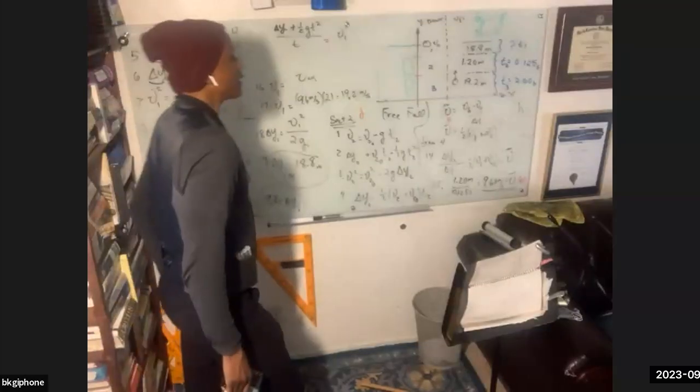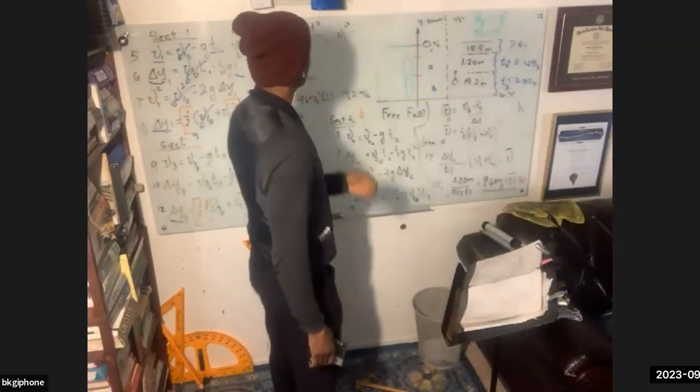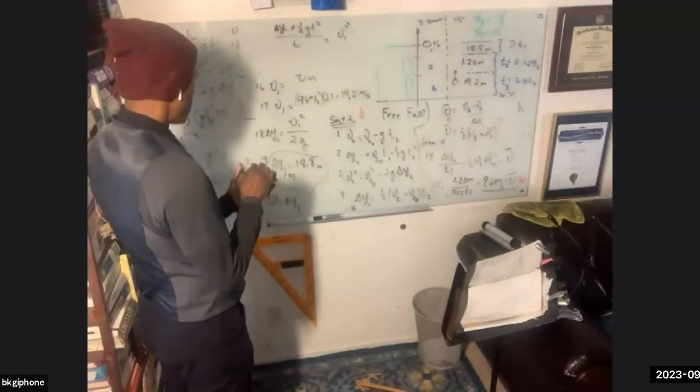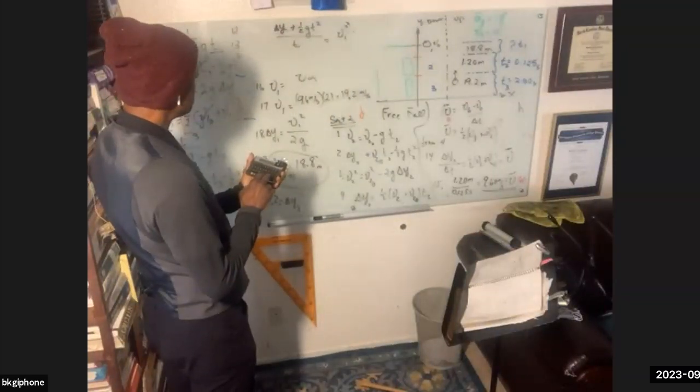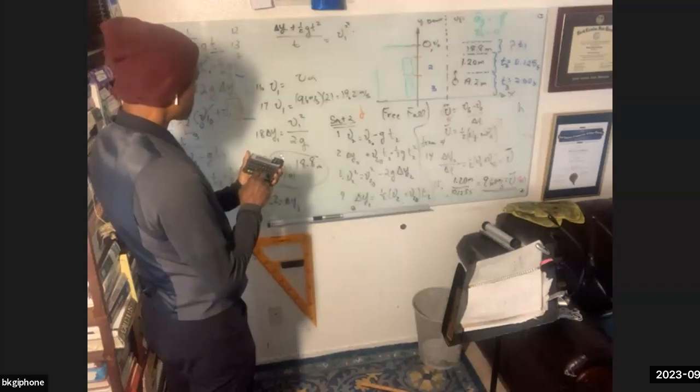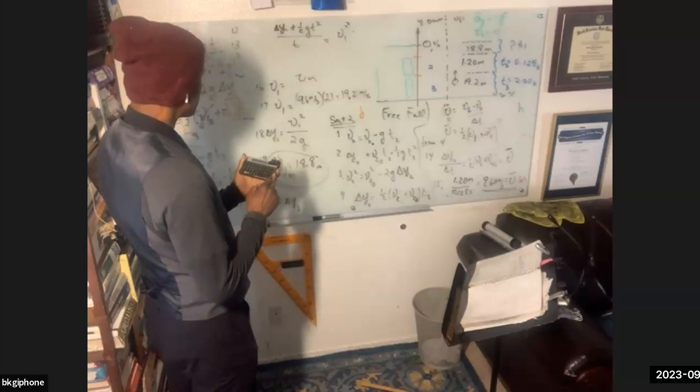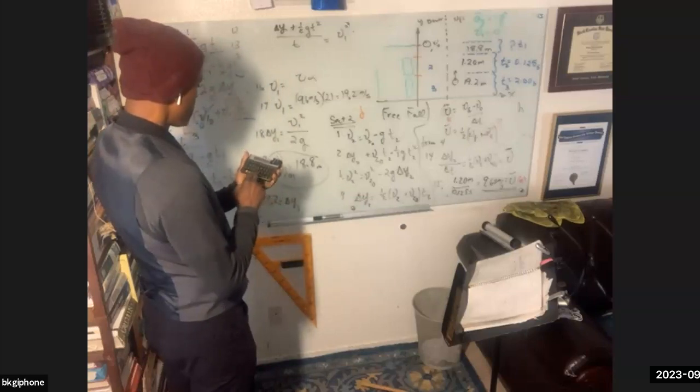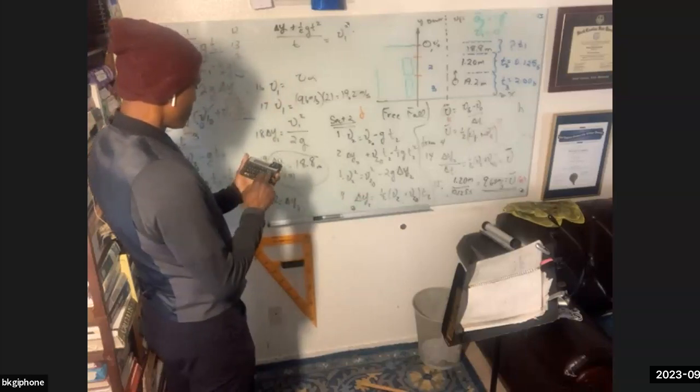So this is what I'm trying to ask though. So there's 1.2. So 1.25, enter, square, 1.81 times.